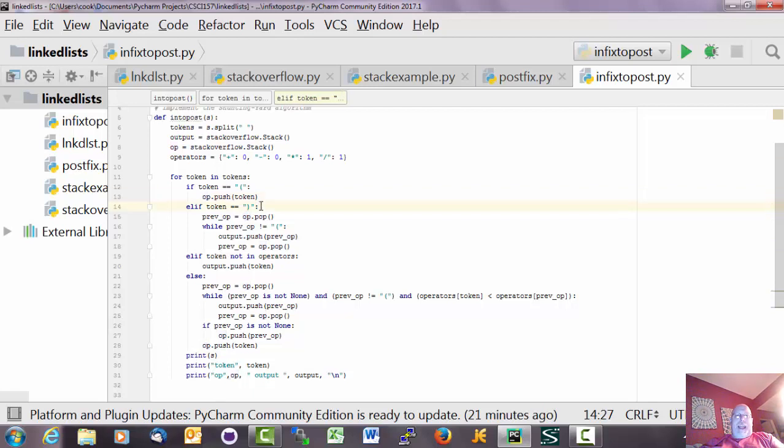If the token is a right parenthesis, that means that everything in between the left and the right was grouped together, and we now want to put them into a postfix expression. So we are going to start popping operators off this operator stack. So we do a pop. This is the previous operator.